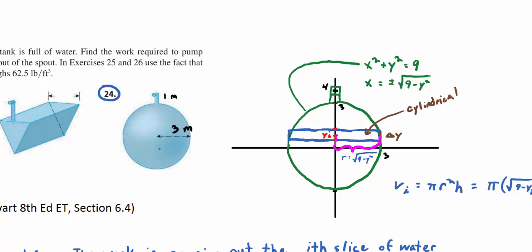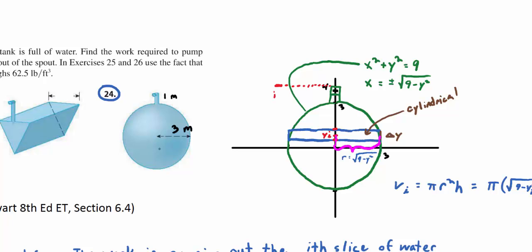Let's go back to the picture. How far am I moving this ith slice? It's being pumped out the top. Well, you're close. So here's the top, right, at 4.